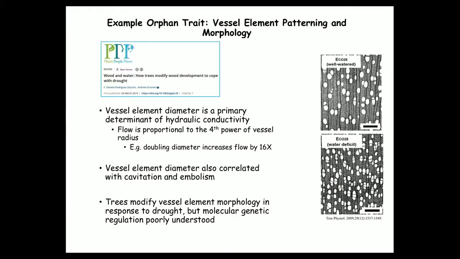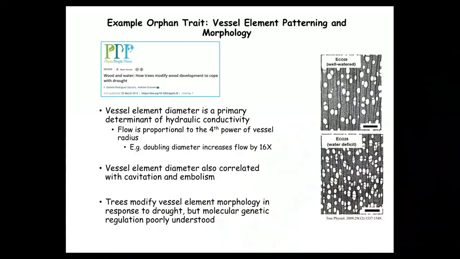But this is work from Daniela Rodriguez, a graduate student in my lab, and she's really interested in how wood anatomy affects water transport in stems. And this is very important because in poplars, the water transporting vessel elements, their diameter is incredibly important for how stems transport water, in part because flow is proportional to the 4th power of the vessel radius.